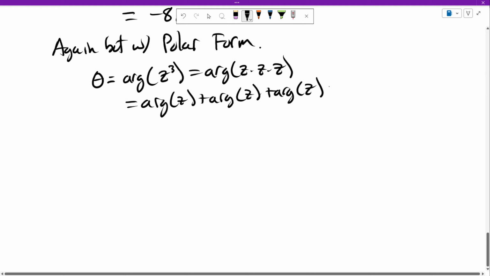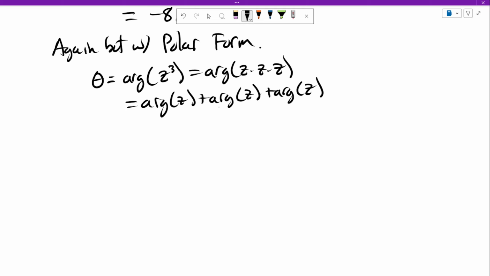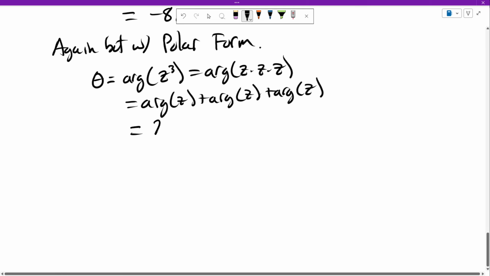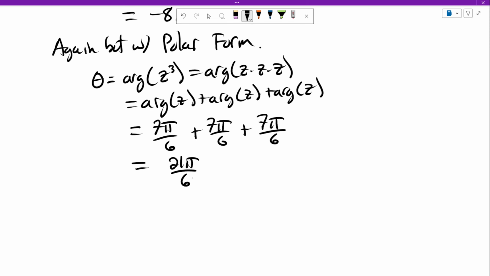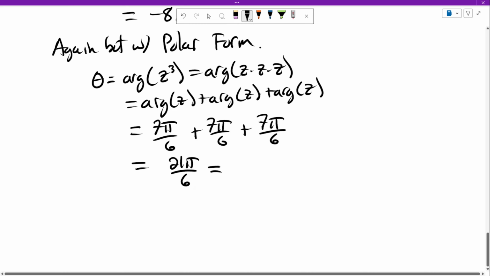Now, since we're going to be plugging this into cosine and sine for our polar form, I don't actually care about the multiples of 2 pi. I just want to use a positive number because negatives confuse me. So we computed 7 pi over 6 in the previous videos for the arguments a bunch of times. So we get 21 pi over 6, and I guess we can divide a 3 out, so let's do that real quick, and then we'll see if we can make it look a little bit nicer.